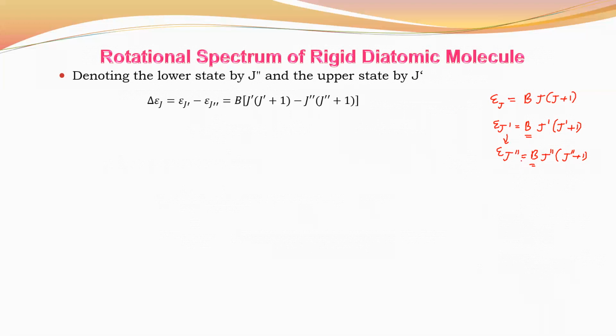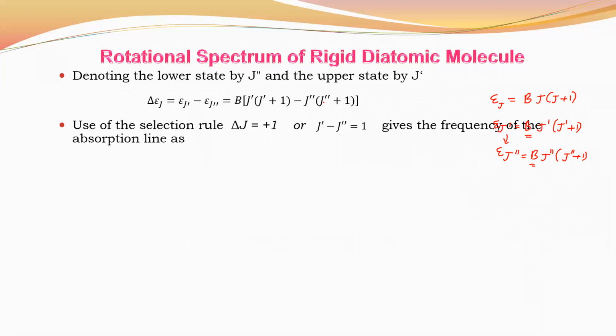So we write in this way, then delta EJ is equal to this one, corresponding to a photon of energy h nu.